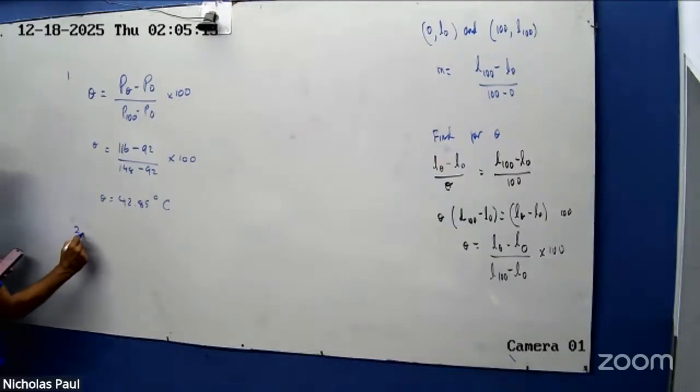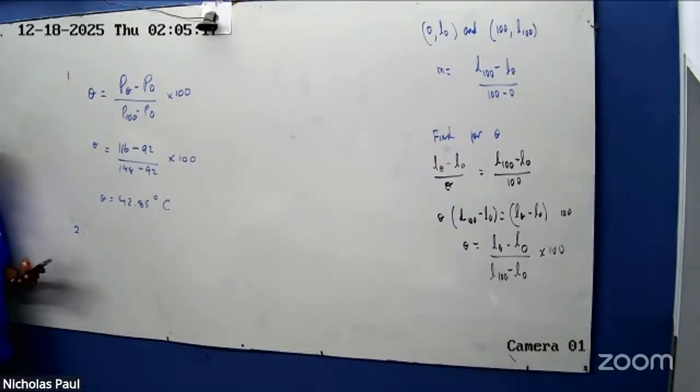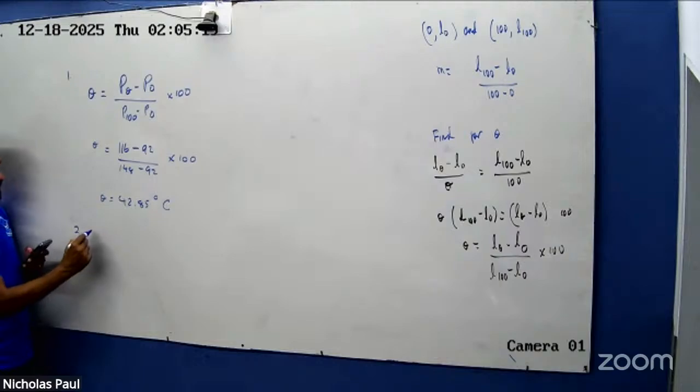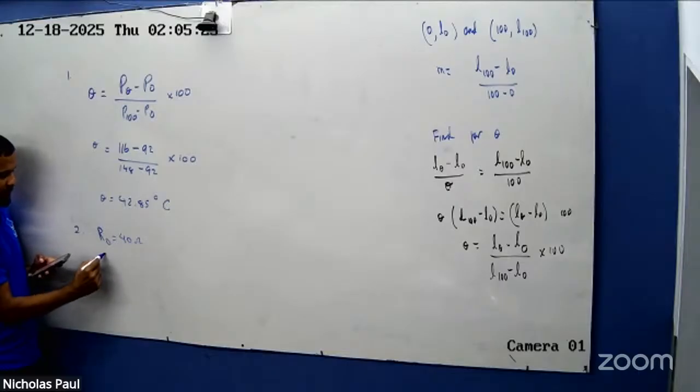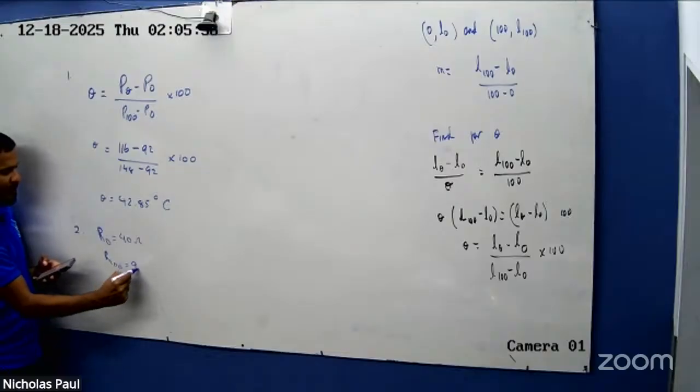Number two. A resistance thermometer has R0 as 40 ohms, and R100, the resistance at steam, as 90 ohms.